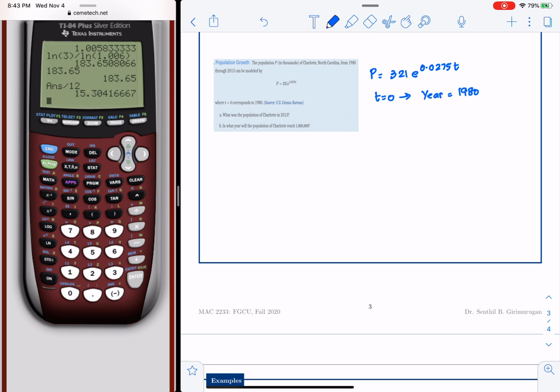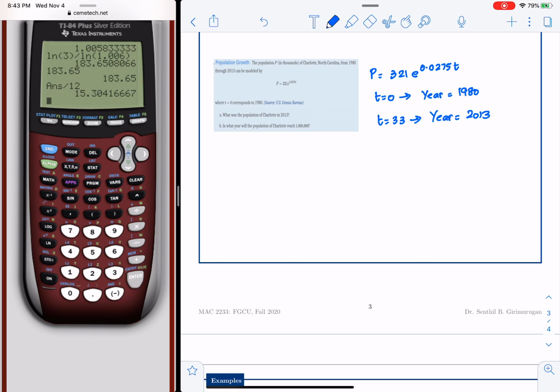So we want to find the population in the year 2013. 2013 happens 33 years from 1980. So t equals 33 would imply the year 2013. That said, we want to find the population of Charlotte in the year 2013.